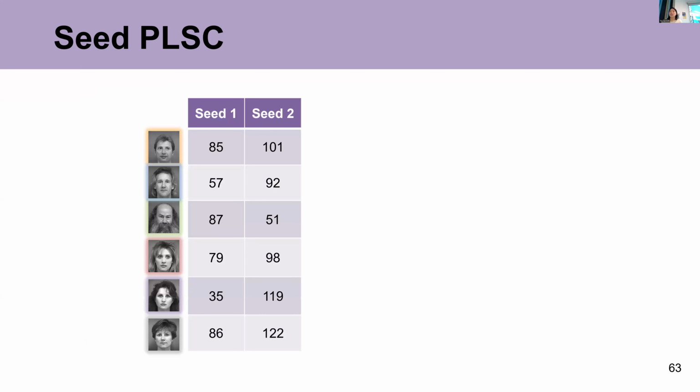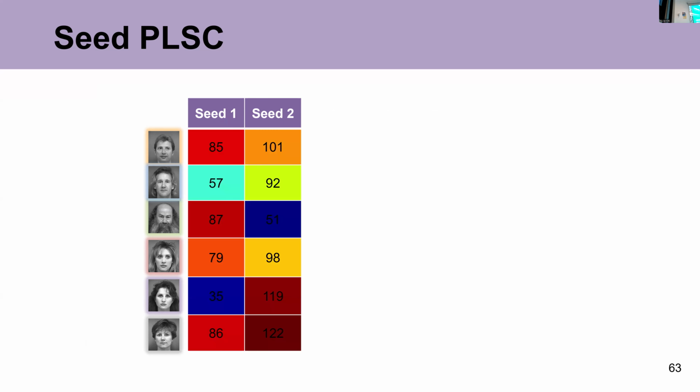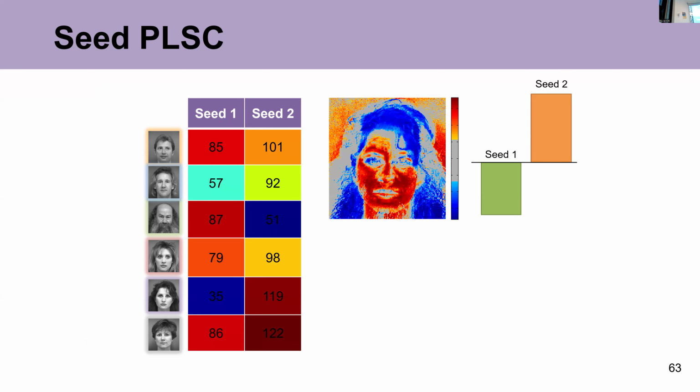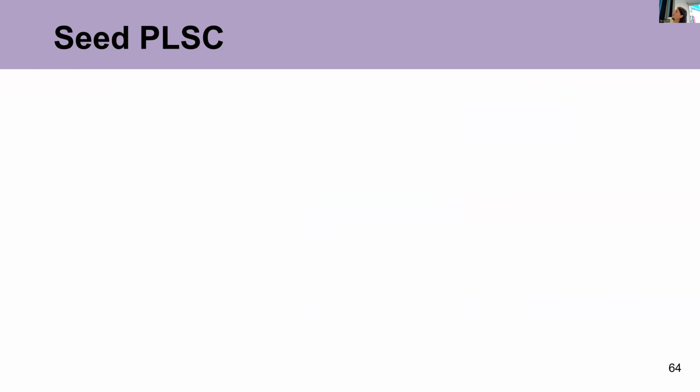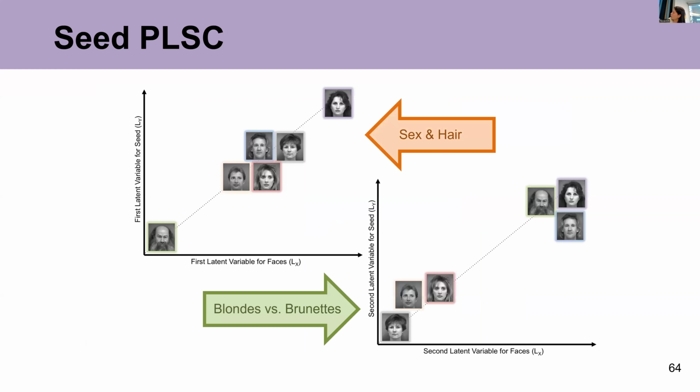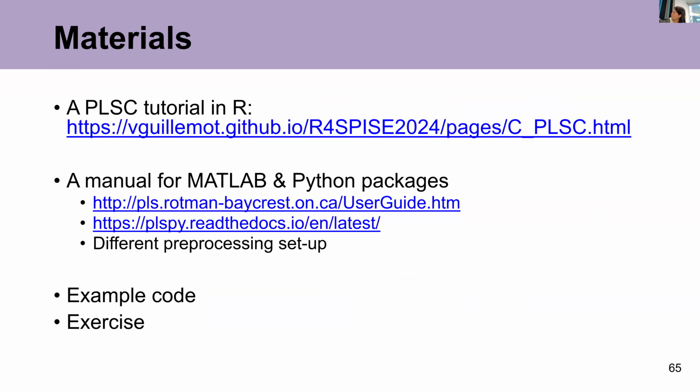So it's like a multivariate correlation to look at seed correlations. And I can find the features that are differentiating seed 1 from seed 2, or the ones mostly contributing to seed 1 but not seed 2. And then you could again look at the latent variables.